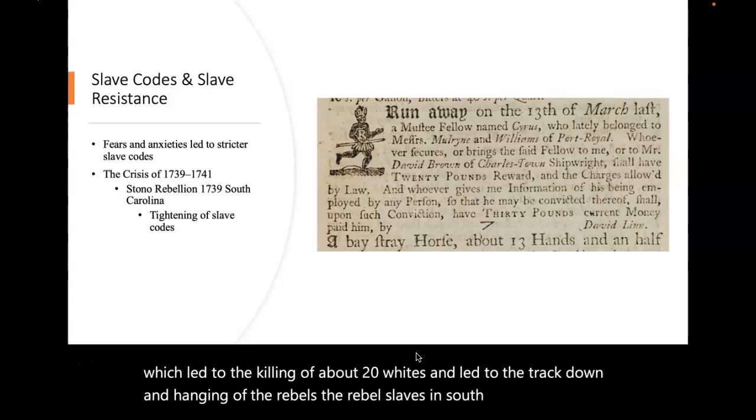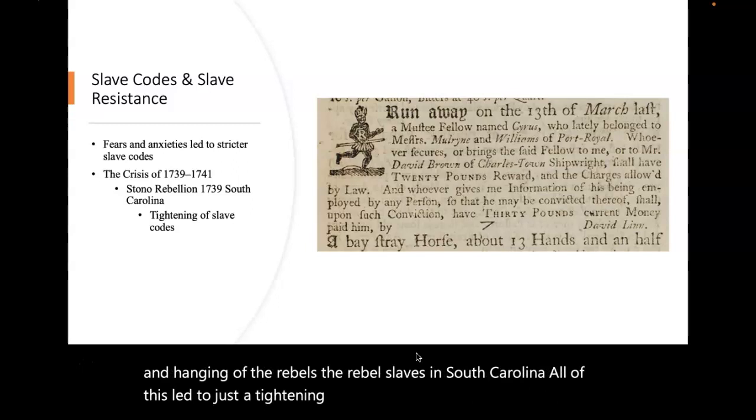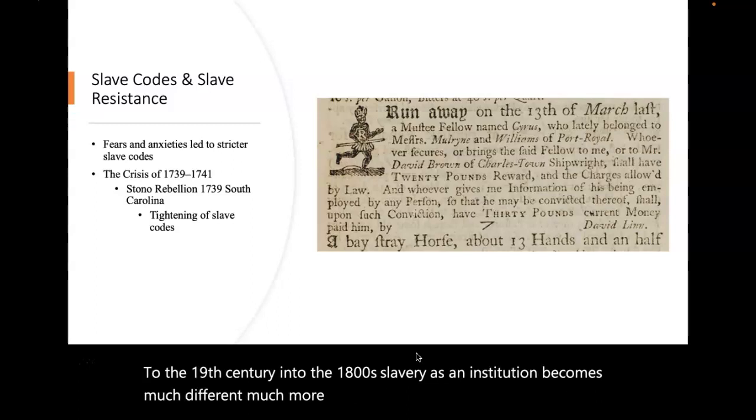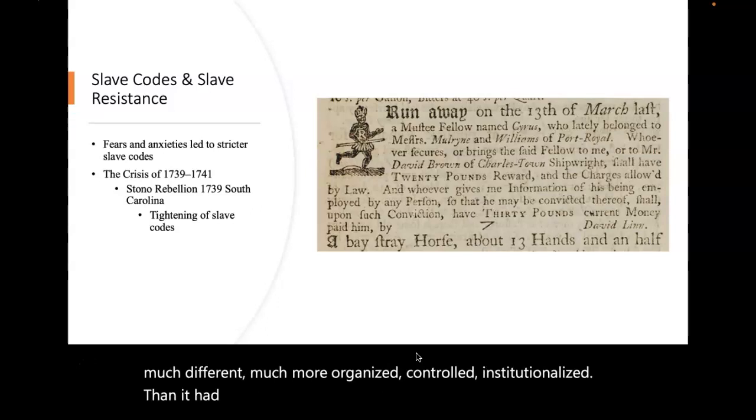All of this led to just a tightening of slave codes. So going into the 19th century, into the 1800s, slavery as an institution becomes much different, much more organized, controlled, institutionalized than it had been any time prior.